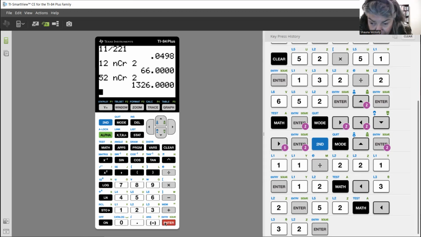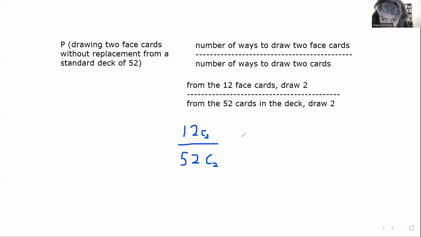And so here we have 66 over 1326. Aren't you glad you didn't have to count all of those? But there they are, 66 out of 1326.